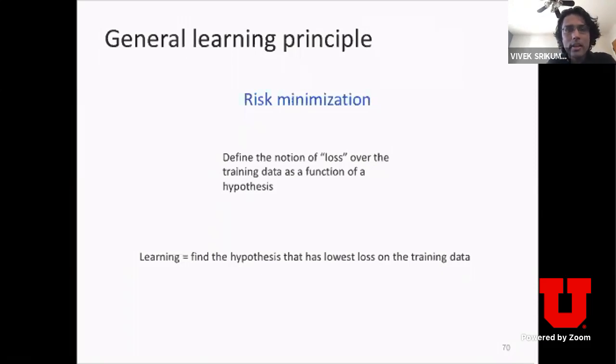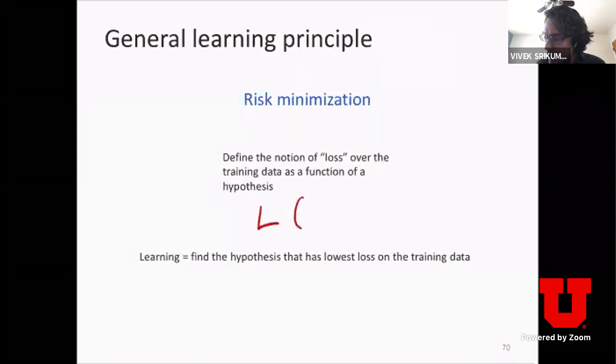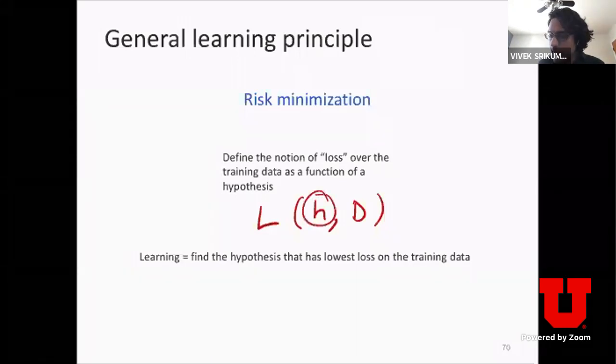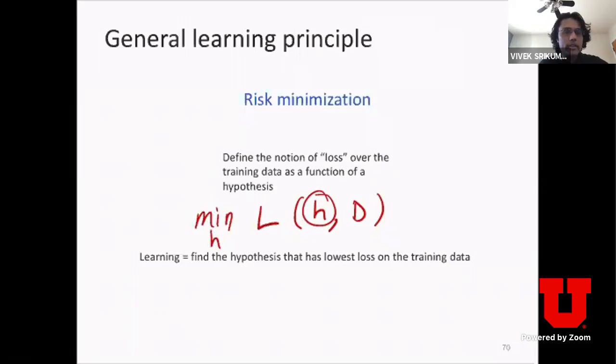What we do is we define some definition of loss as a function of the hypothesis. So we are going to define the loss of some hypothesis, given a training set. And the goal of learning is to find that hypothesis H that minimizes the loss. So once again, we are searching over all possible hypotheses to find the one that has the lowest loss.